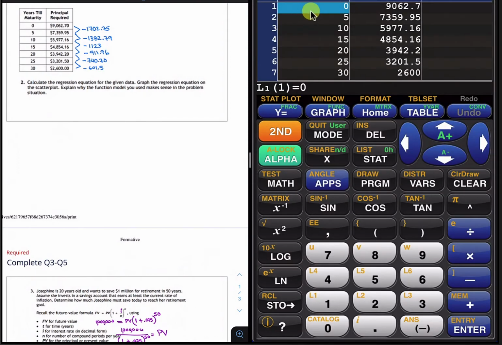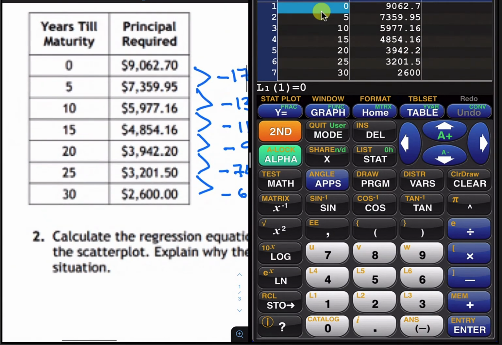And then you're going to type in the numbers in the left column. That is the years of maturity, or years till maturity. That goes in the L1 column. And then the numbers in the right column, the principal required, goes in L2. And as you can see, I've already typed in the data in both columns.